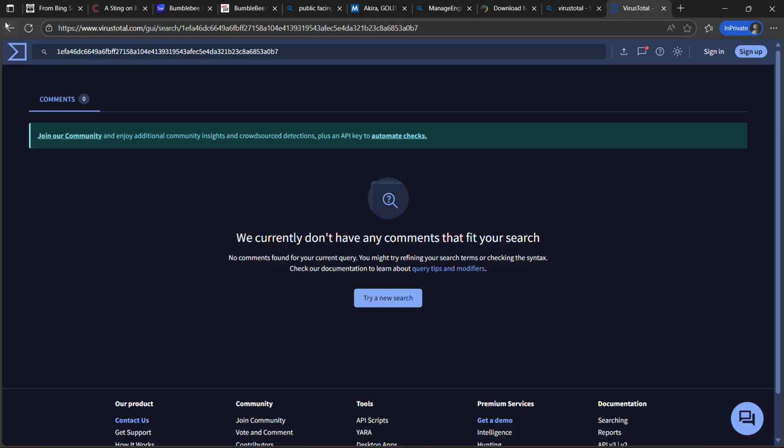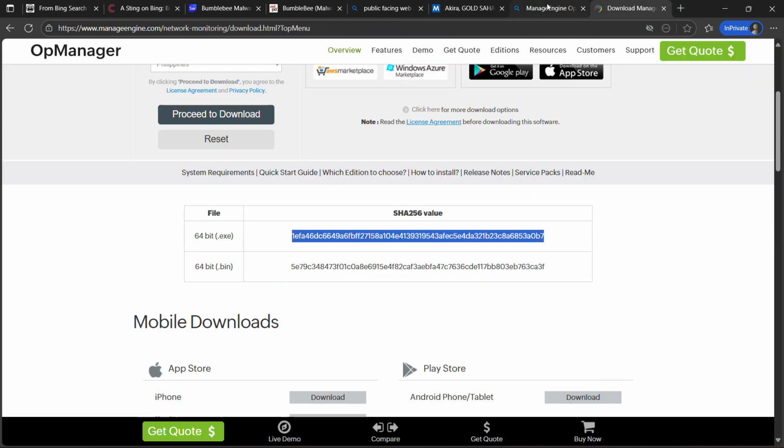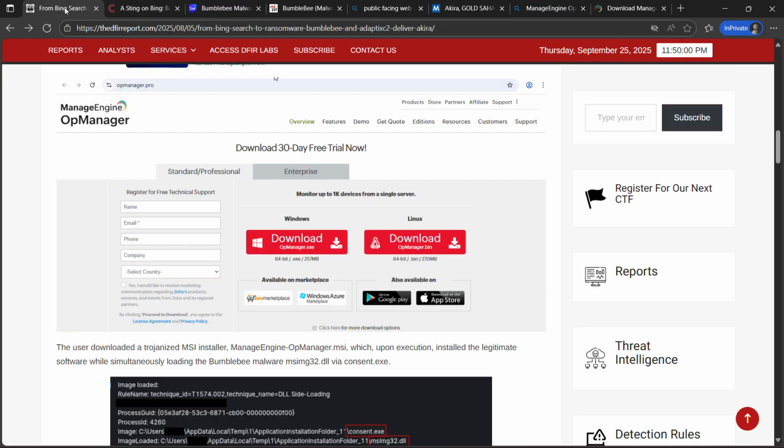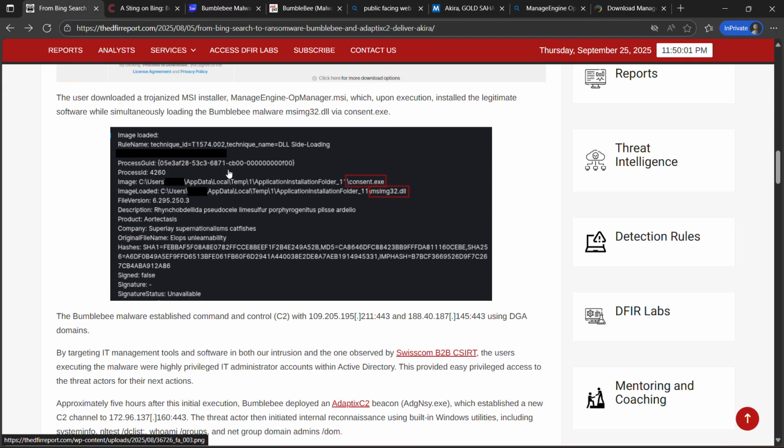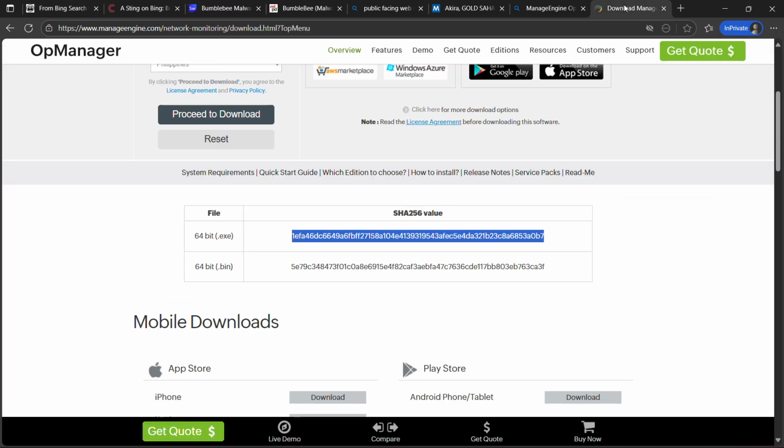Yep, because it's the real thing, right? There's no way they will include a hash, so it will get checked. Okay, let's get back to it. So we now know that the website is very identical.